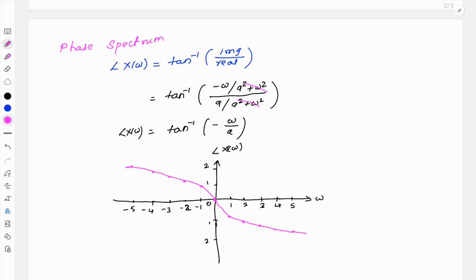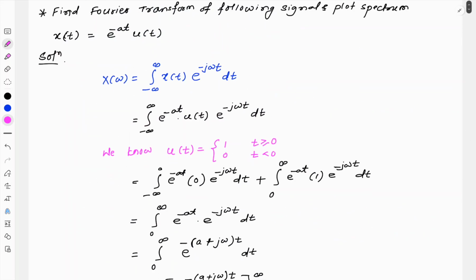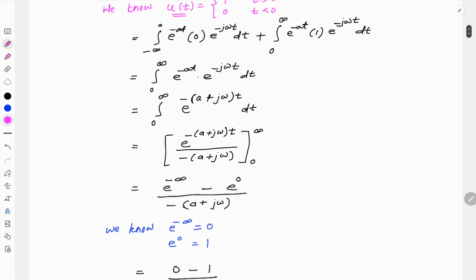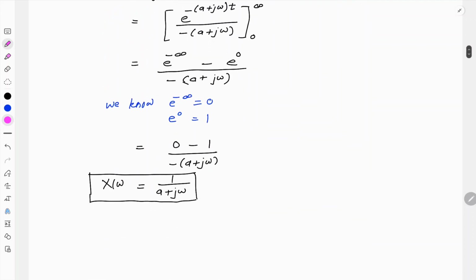So just to summarize, first of all, from the given equation, x of t was e raised to minus at u of t. We have used the formula of x of omega, integration minus infinity to plus infinity x of t into e raised to minus j omega t, which is the Fourier transform equation. We have substituted values of x of t, changed the limits of integration because of the unit step signal, then obtained x of omega, which was 1 upon a plus j omega.